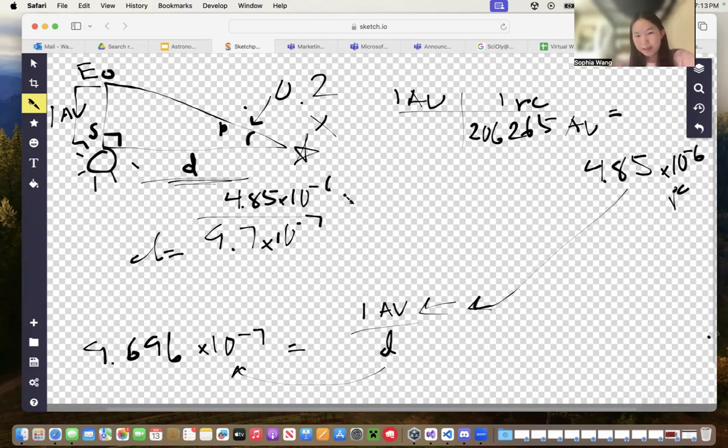So if we just do that calculation in your calculator, you should get about 5.0. Boom! Done. Parsecs. Done. That's our final answer. 5.0 parsecs is the distance between this star X and the sun.